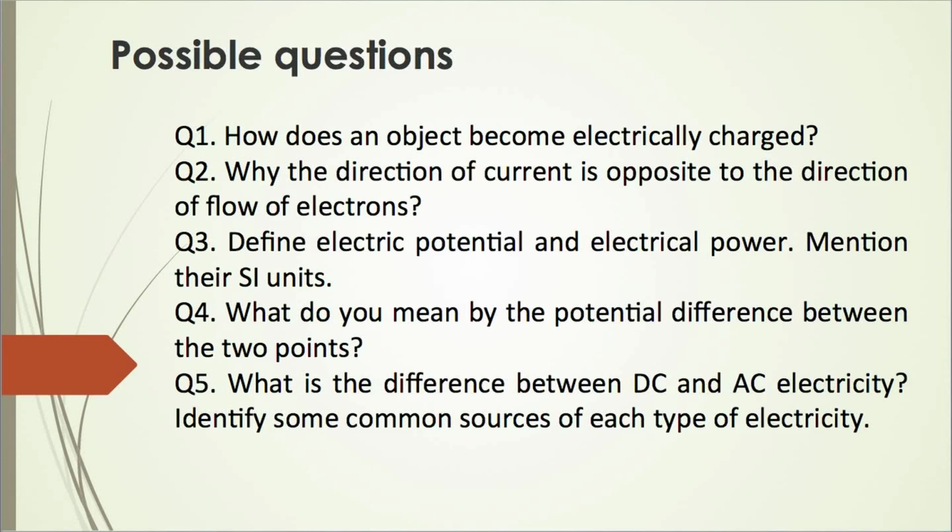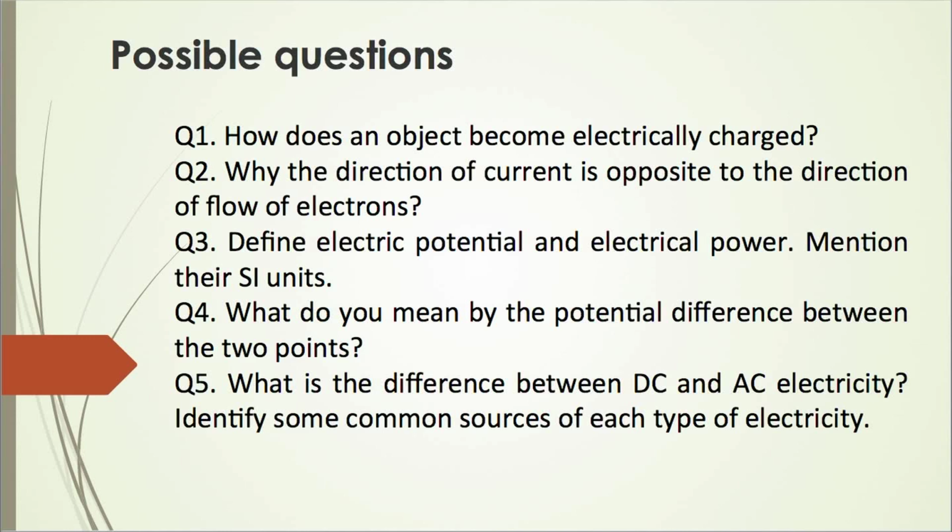Here are some questions related to this session. How does an object become electrically charged? Why is the direction of current opposite to the direction of flow of electrons? Define electric potential and electrical power, and mention their SI units. What is meant by the potential difference between two points? What is the difference between DC and AC electricity?